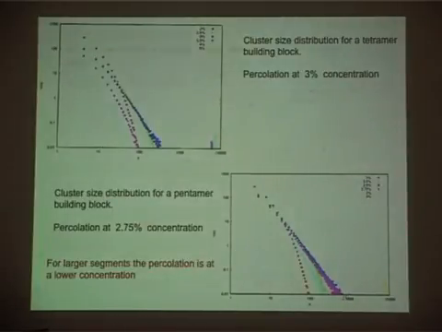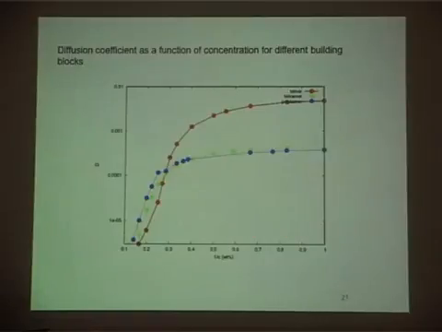The interesting thing is if I look at the diffusion coefficient, again versus 1 over C, for tetramer, trimer, and pentamer as a building block. For large concentrations, of course, the trimer diffuses the fastest, then the tetramer and then the pentamer.